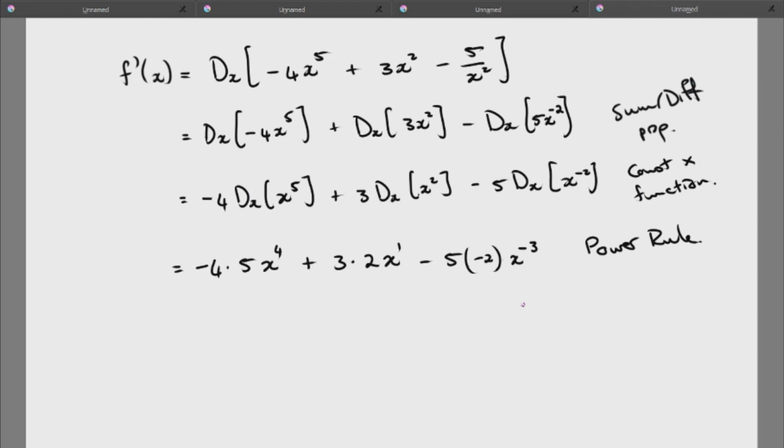I'm not discriminating between that and not perfectly simplified answers. Still the same answer. In fact, the detail makes it easier for me to mark because I can see that you knew what you were doing. If you simplify it too fast, then it's sometimes hard to know if you've done everything correctly.